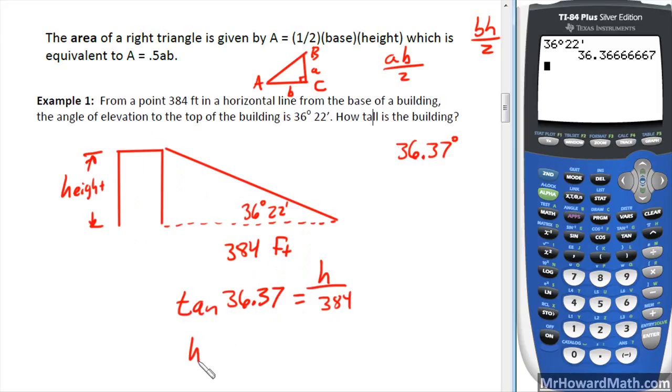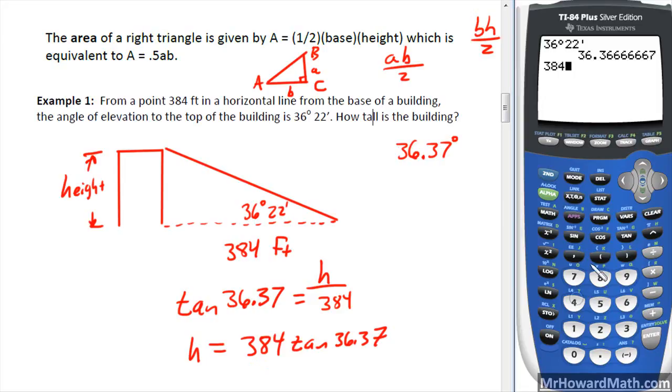So the height that we want is equal to 384 times tangent of 36.37 degrees. I know my calculator's in degree mode already, so I just type this in, 36.37, and we get 282, we'll round to one decimal place, so 282.8 feet. And that's it for example 1.